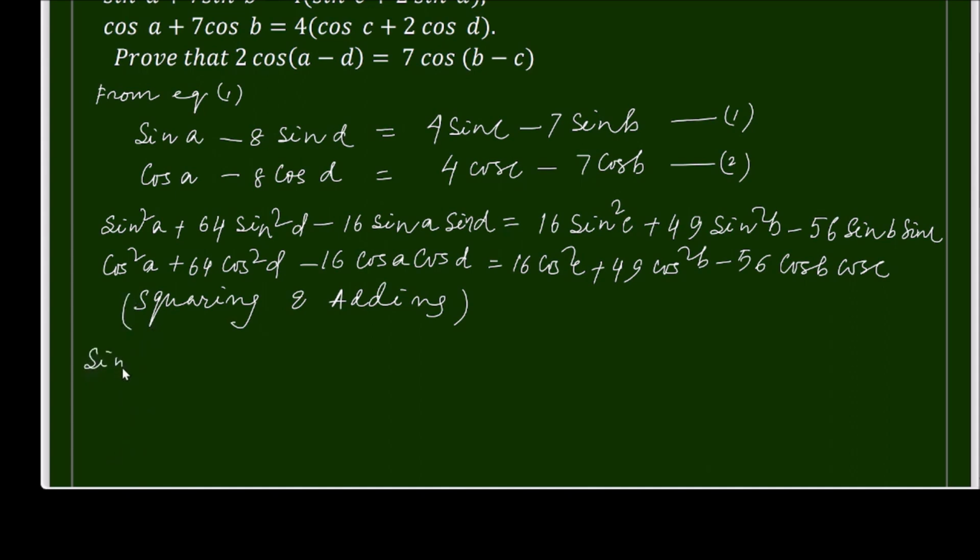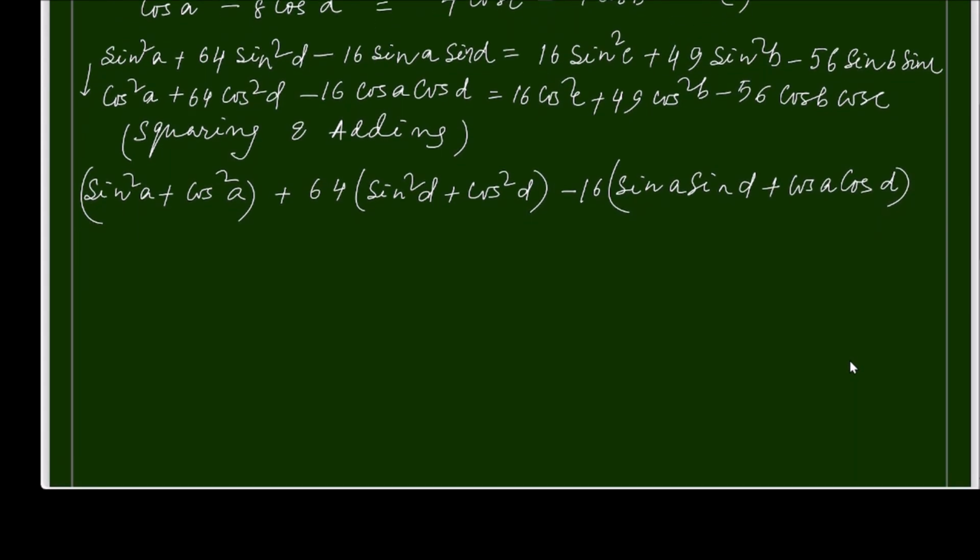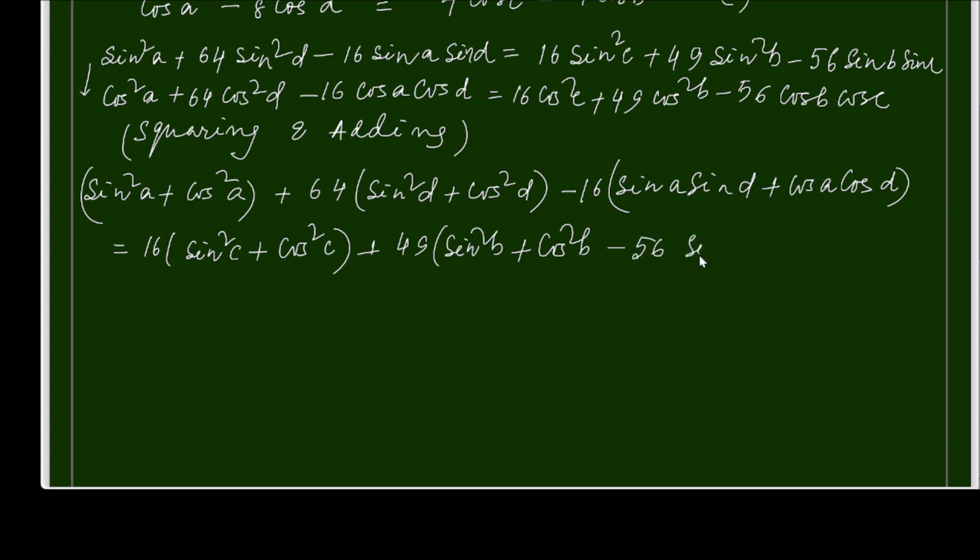So I'll get sine square A plus cos square A, these two, then 64 times sine square D plus cos square D, minus 16 times sine A sine D plus cos A cos D. This is our left hand side, and on the right hand side we will get 16 times sine square C plus cos square C, plus 49 times sine square B plus cos square B, minus 56 times sine B sine C plus cos B cos C.